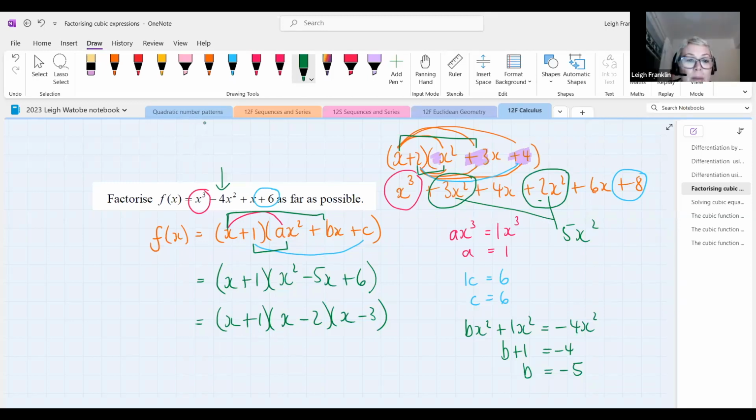So when you multiply x with bx, you get your bx squared term. When you multiply 1 with ax squared, you get your 1x squared term. And then you're going to go back and make it equal to whatever they gave you in the equation.